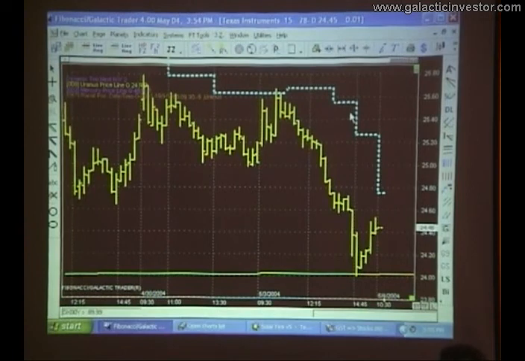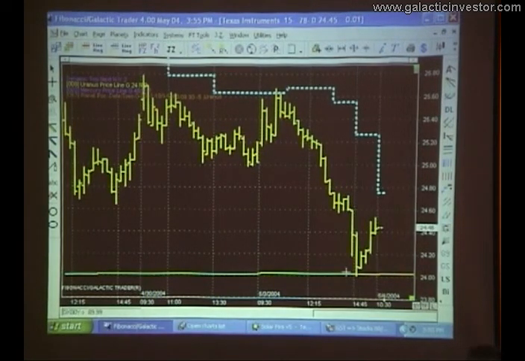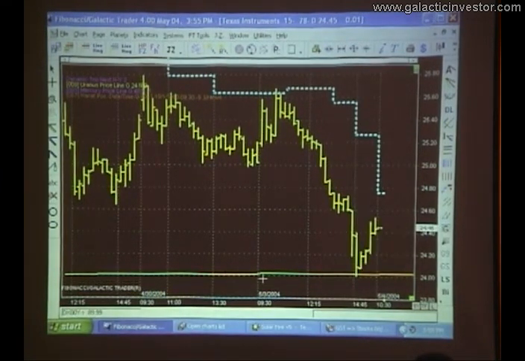This is a 15-minute chart. What was the low yesterday? $24.01. Is that not close enough for anybody? I could just hear somebody in the background say, "That's not close enough, it was a penny off. Your stuff doesn't work." So that's held. That's pretty strong support.